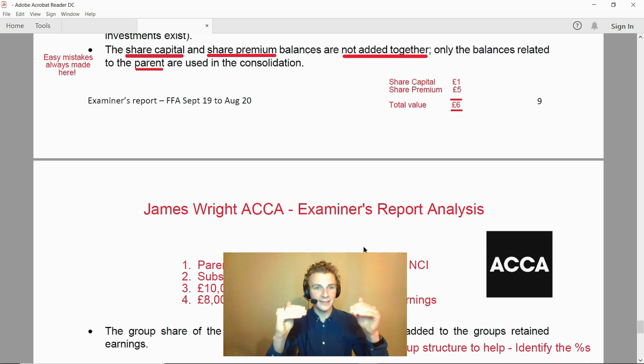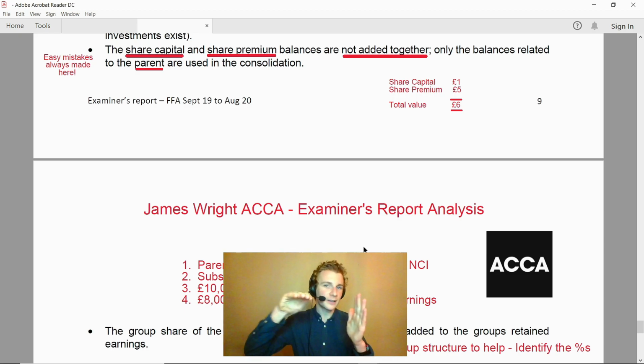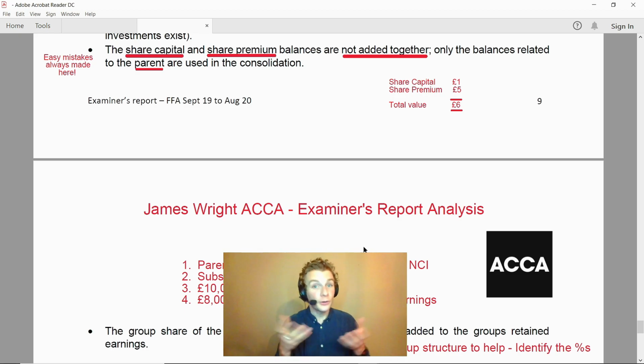They are separate balances and only relate to just the parent, because remember, the parent has full control, so we only want their actual share capital. I've given you a nice easy breakdown: the nominal value of the share capital was £1 per share, and over time the company's performed better, so it's got a share premium attached to it of £5, giving us a total value of £6 altogether, breaking it down just like we saw in the question above. So really good technique to go through.